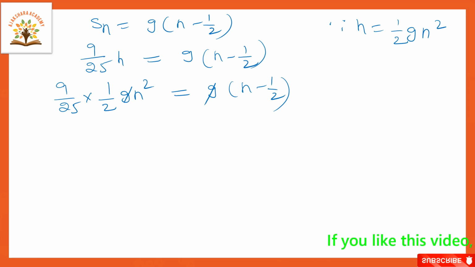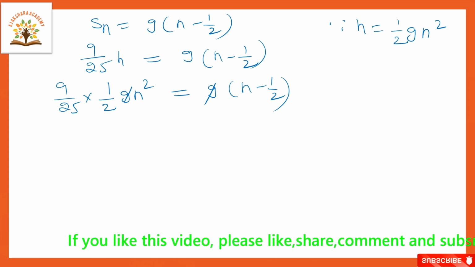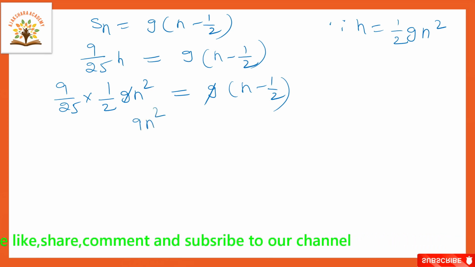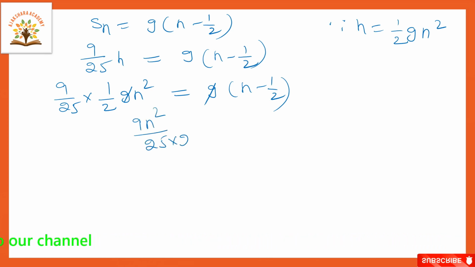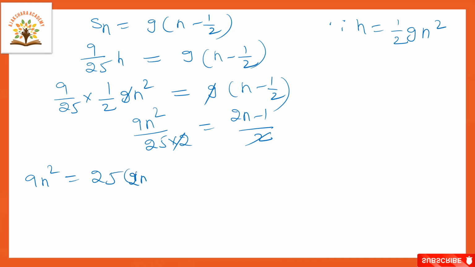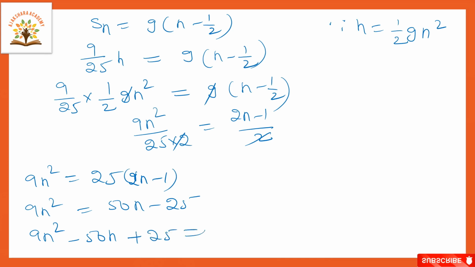So this can be written as 9n square by 25 into 2 is equal to (2n minus 1) by 2. 2 gets cancelled. Now taking cross multiplication, 9n square is equal to 25 into (2n minus 1). So 9n square is equal to 50n minus 25. So this equation becomes 9n square minus 50n plus 25 is equal to 0.